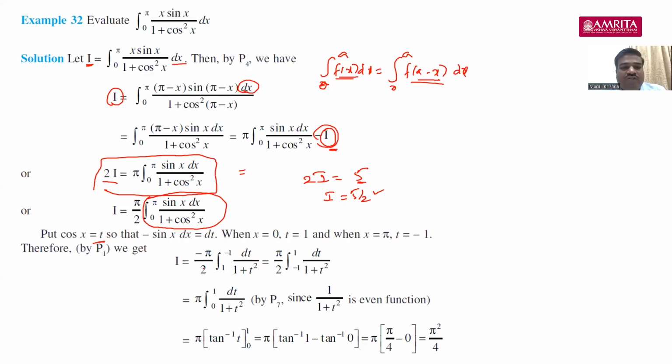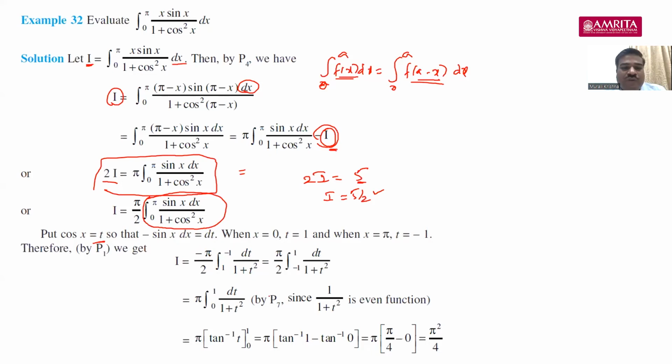So I equal to pi by 2 times, and after conversion these limits change to 1 to -1, with the minus symbol. Using this minus symbol, put it in a proper manner: -1 to 1, dt by 1 plus t square.